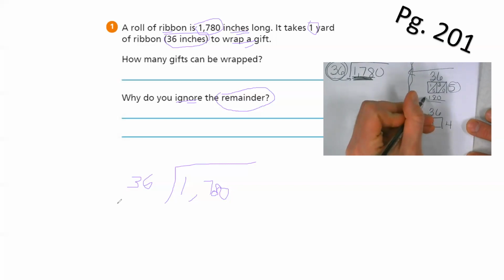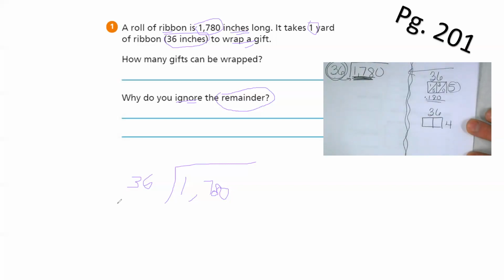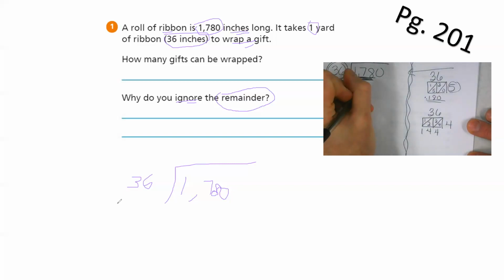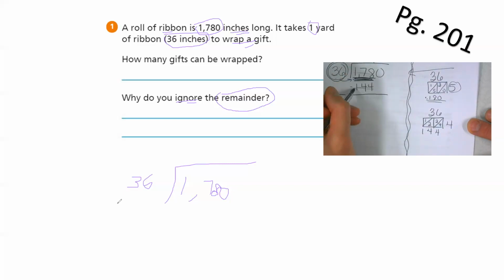If this was 5 of them, take away 36 to figure out what's 4 of them. That would work. Now remember, you see what's left over. Okay, fine. So you had 178, you took away 144, there's 34 left over.